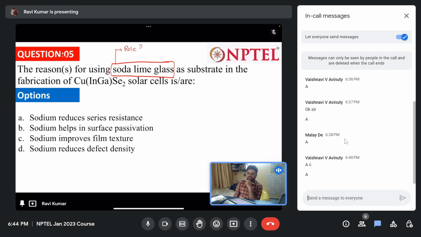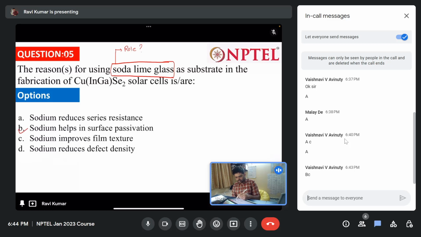So it is saying the reason for using soda lime glass as substrate in fabrication of CIGS cell is... B and C. Vaishnavi is saying B and C. Defects, it doesn't mean because it is the lower layer, so it doesn't take part in defects.